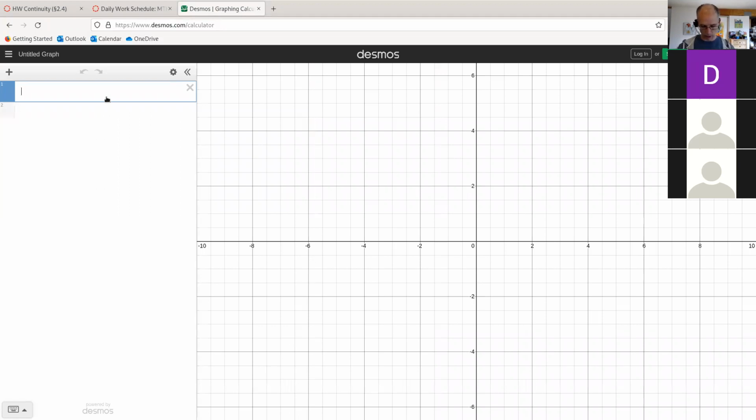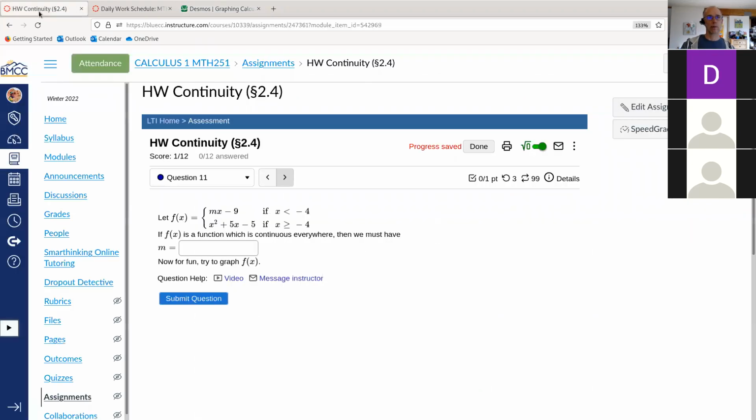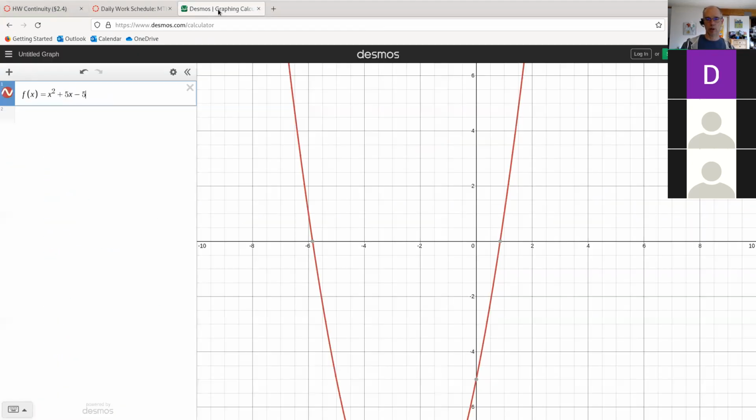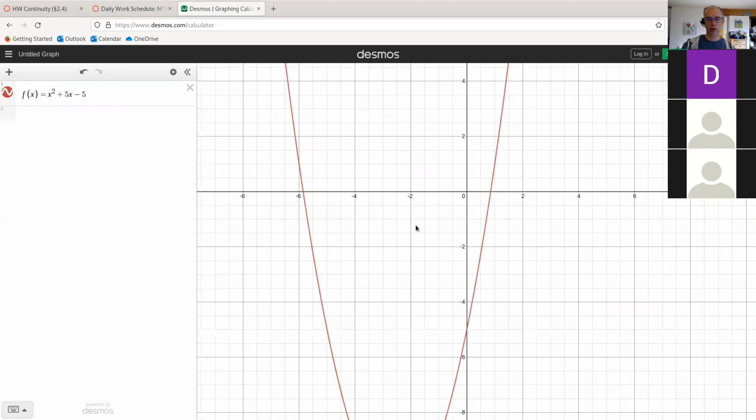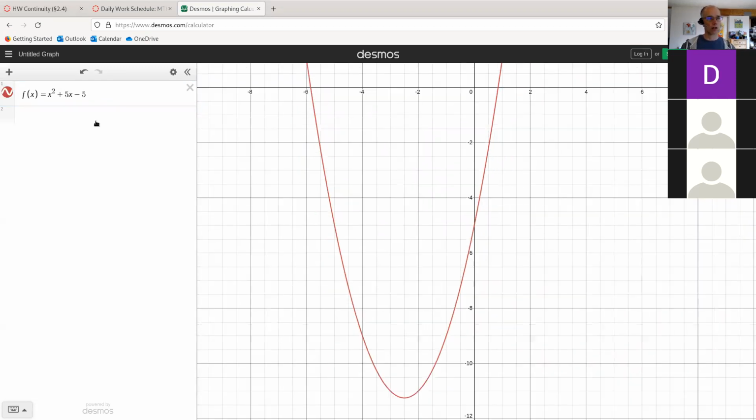So let's just graph the parabola part. And that is x squared plus 5x minus 5. Yep. Okay, so the turning point is down here. All right, what number is that? It's kind of off my graph.